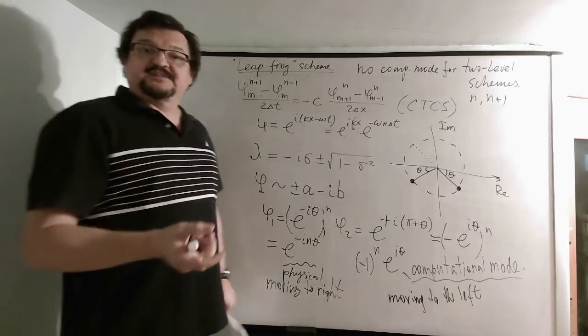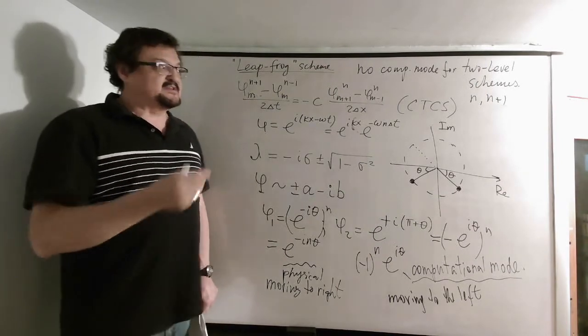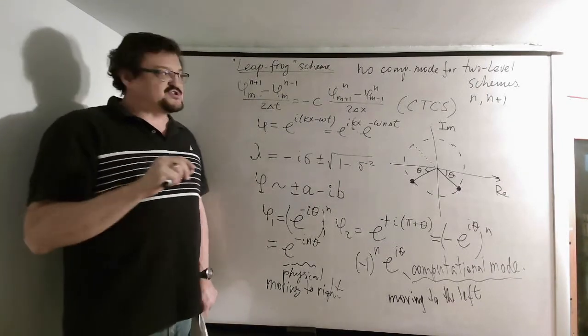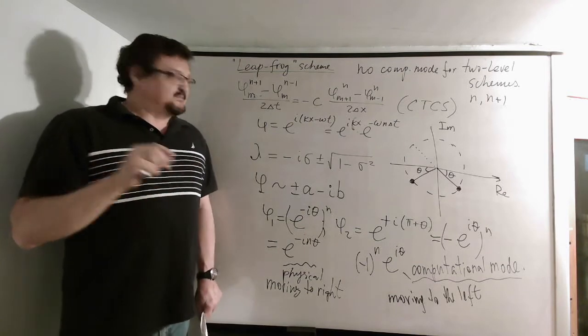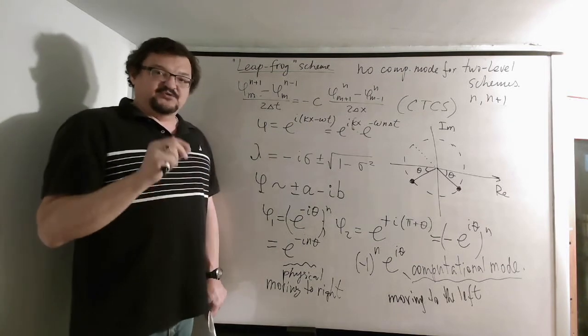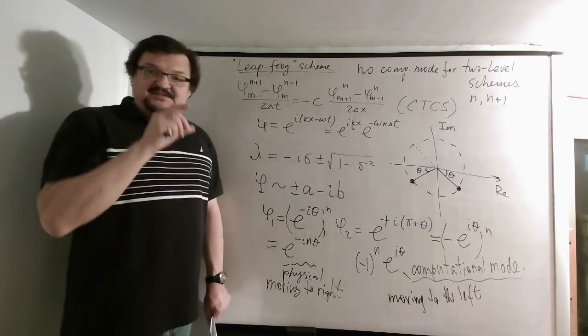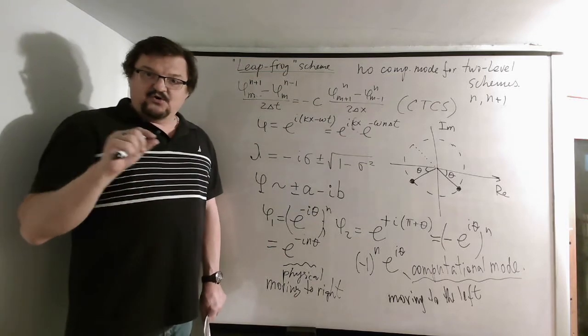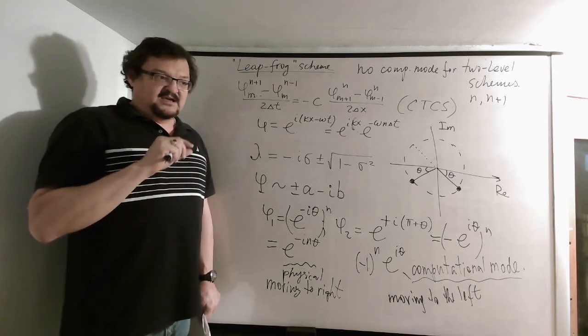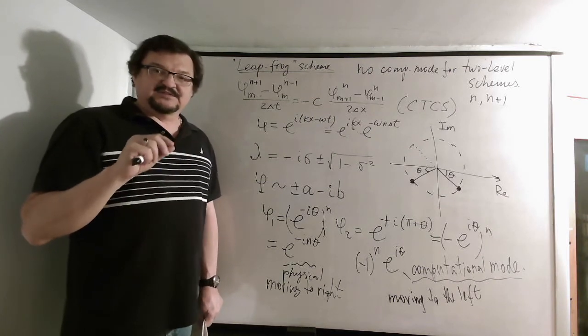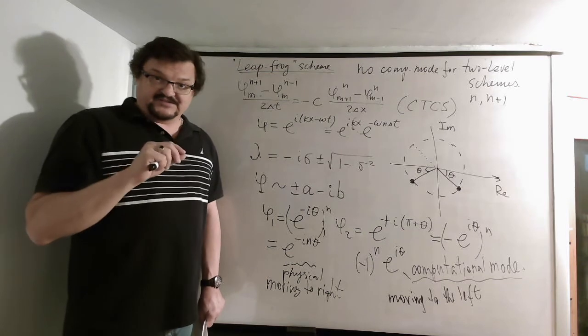And of course, depending on the scheme, and we'll consider those schemes in the future, those schemes will have lambda for computational modes that is not just flipping like that, but is actually damped or reduced with time, dissipated with time, and those schemes will be our preference.